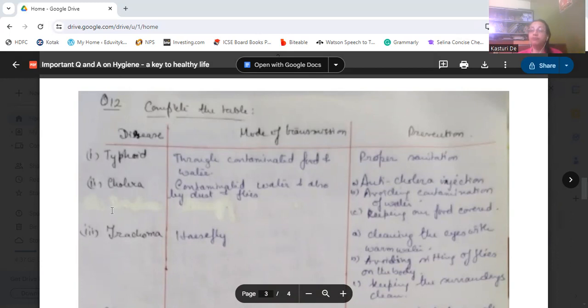Or the water which we are drinking and keeping in our home gets contaminated, that can also cause cholera. Or if the flies which are causing the disease somehow contaminate the water, that can also create cholera. So the prevention is anti-cholera injections, then avoiding contamination of water, and keeping our food covered.